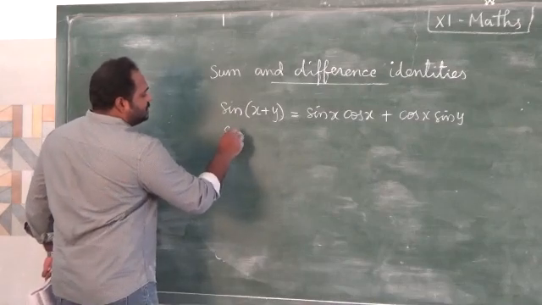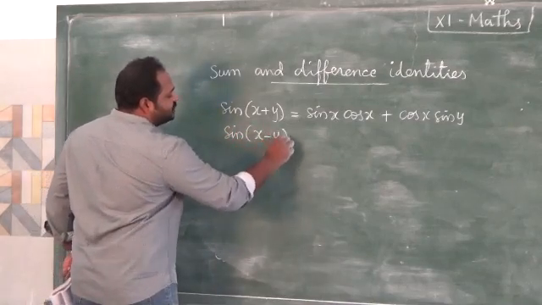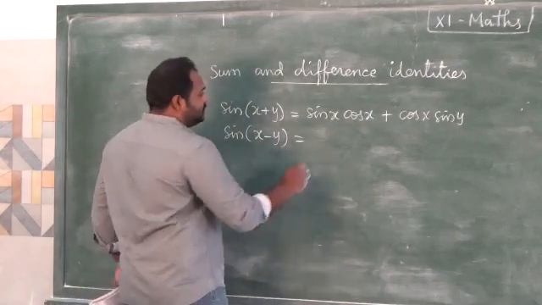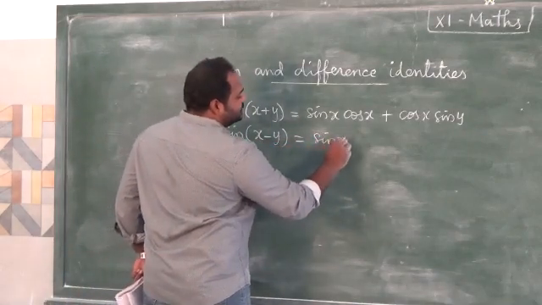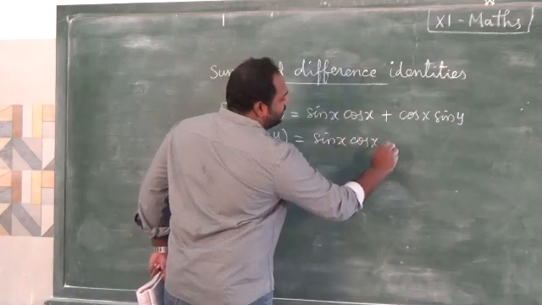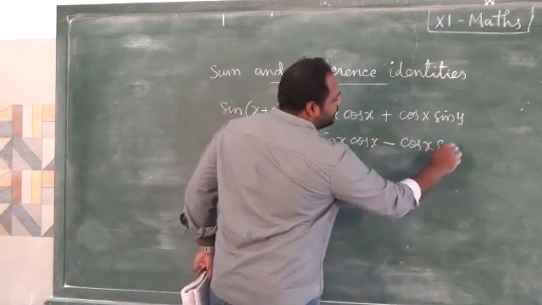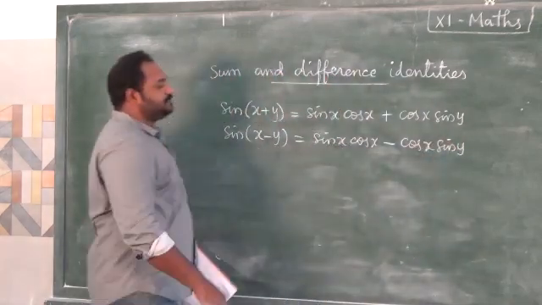Next, sine of x minus y, the difference. This is sum, this is difference. Sin x cos y minus cos x sin y.